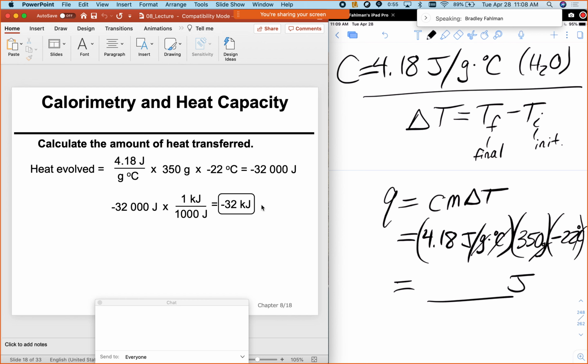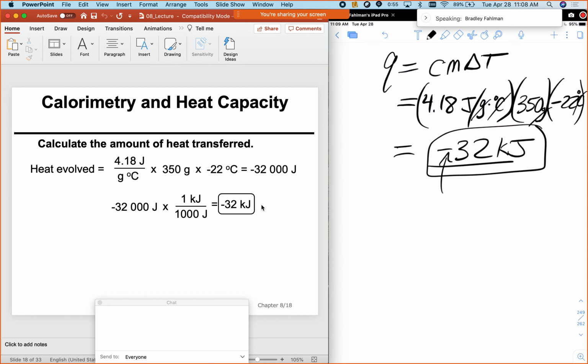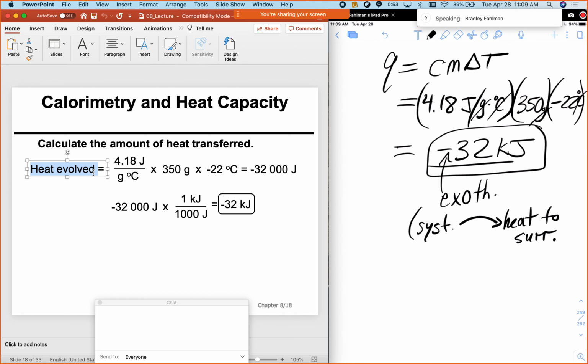So you have a negative value. What do you think that means? I guess it says right here in the slide, doesn't it? Heat evolved. That means it's exothermic, as far as the system is giving out heat to the surroundings. The system is releasing heat to the surroundings.